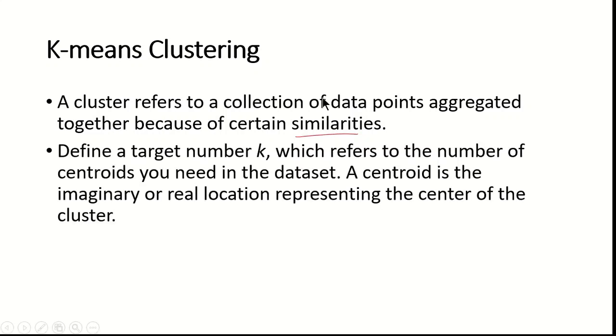Define a target number K, which refers to the number of centroids you need in the dataset. A centroid is the imaginary or real location representing the center of the cluster. So we have to define this number K that refers to the centers of the clusters.